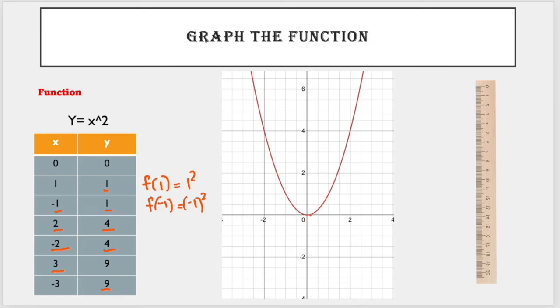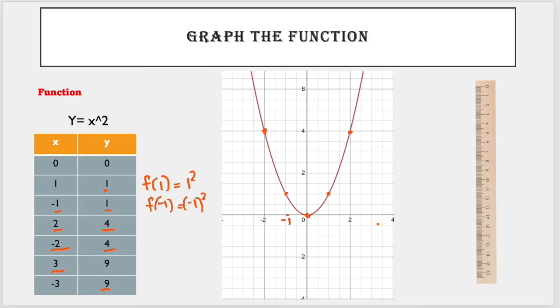We can see, when x is 0, y is 0. When it is 1, it's positive 1. When it is negative 1, also it's positive 1. If it is 2, it's 4 right here. If it is negative 2, also the output value is 4.